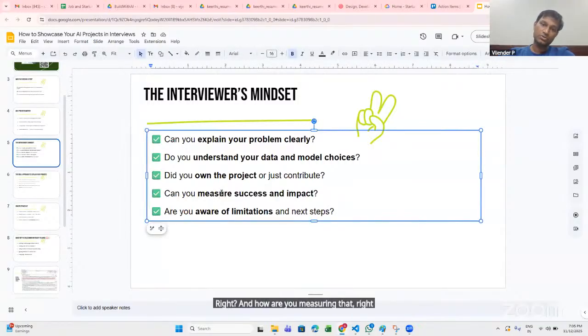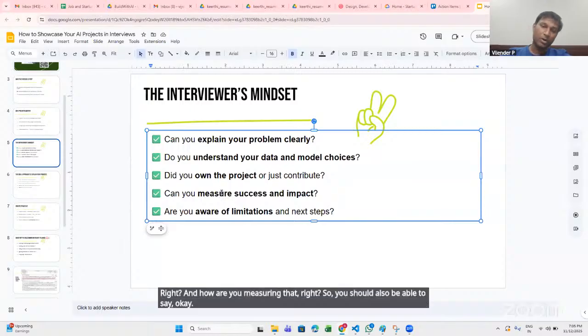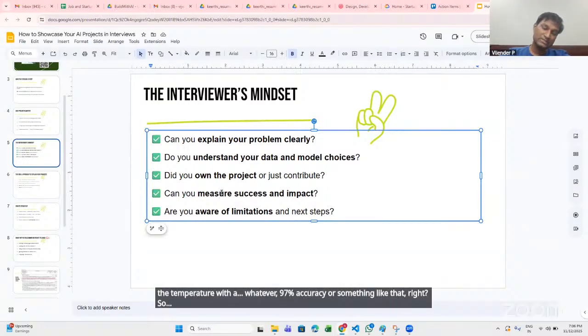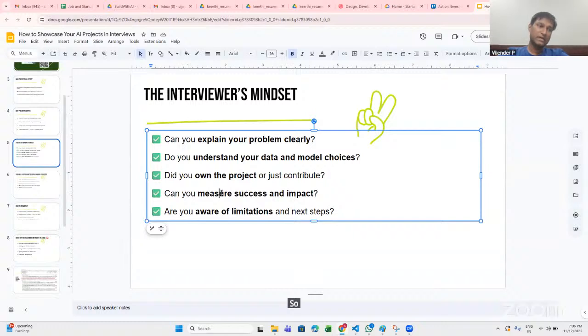So you should also be able to say, okay, we built a model which could predict the temperature with, say, 97% accuracy or something like that. So what is that measure of success and how do you measure it? That metric is important. If you say the project was successful, that's very vague.